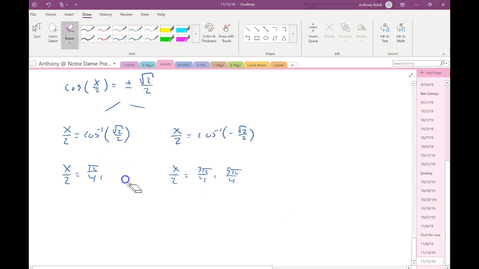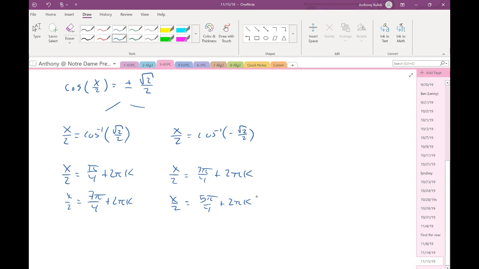Oops, we shouldn't write it this way though. Because we're doing the infinite one, I'm getting a 2 pi k as soon as I go to the unit circle. I should write it this way. Everybody okay there?